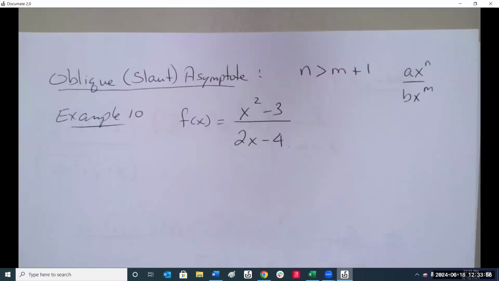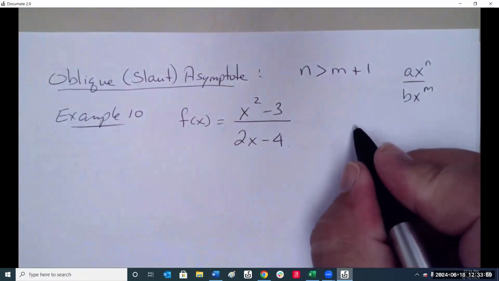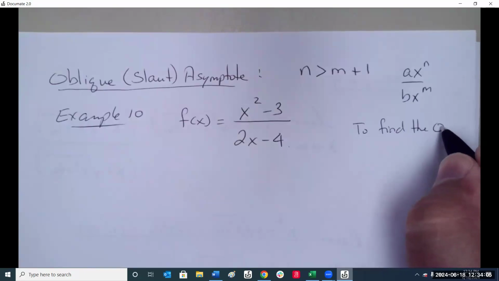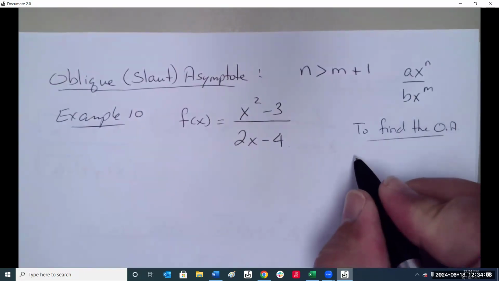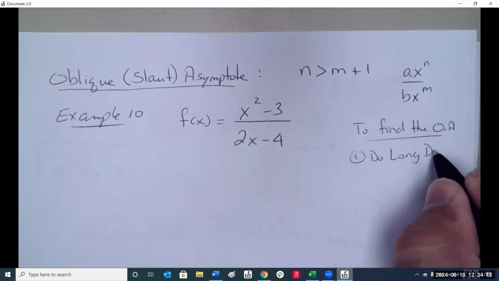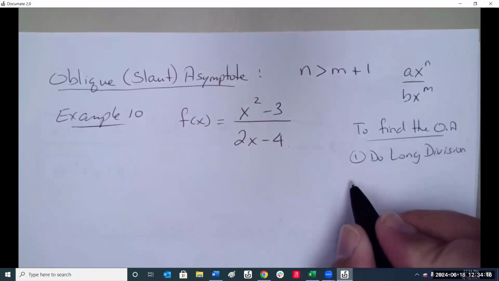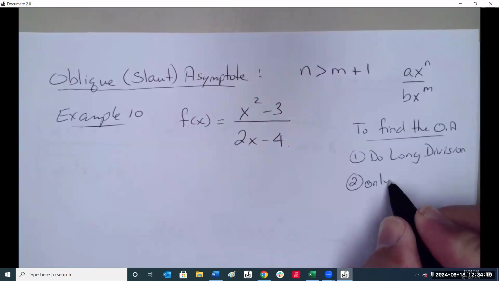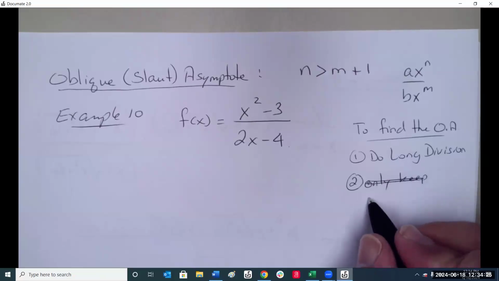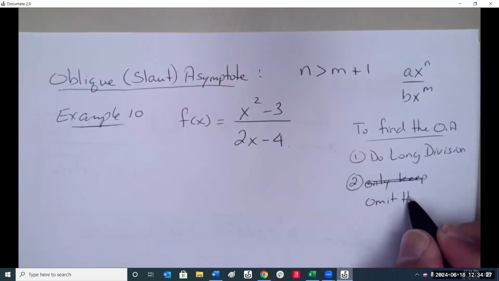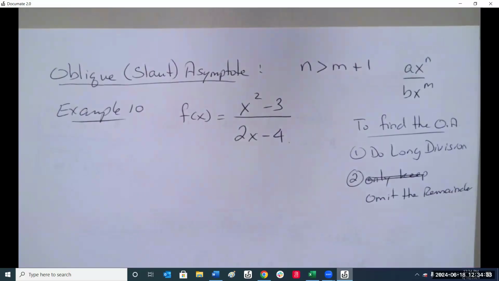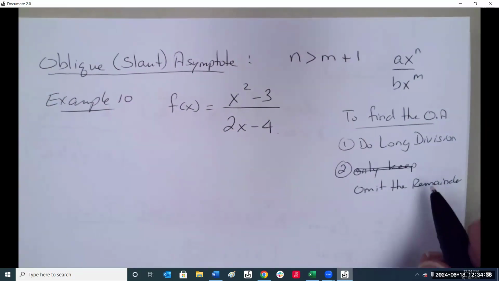You cannot have them both. To find the oblique asymptote, do long division. Omit the remainder.